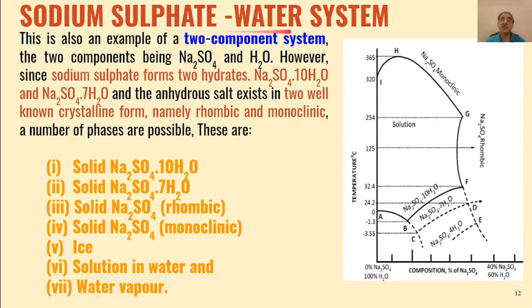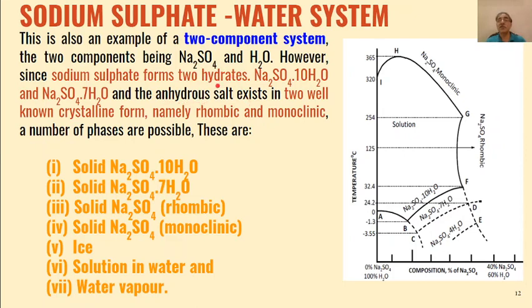Then the third system is the sodium sulfate water system. Again, this is a two component system, and the two components are sodium sulfate and water. But sodium sulfate exists as two hydrated forms and two crystalline anhydrous forms.